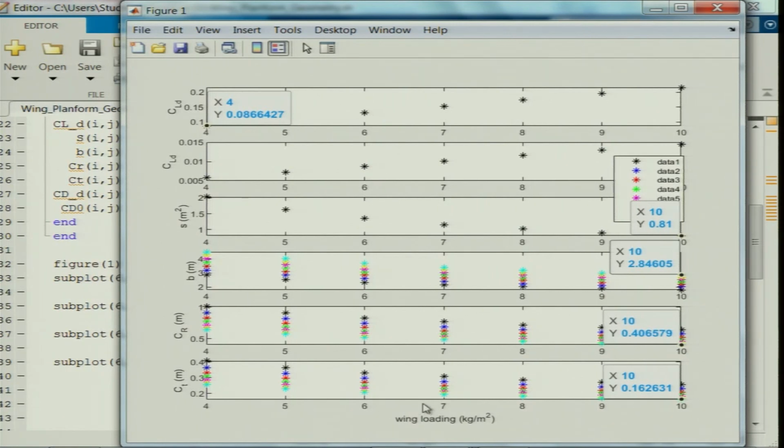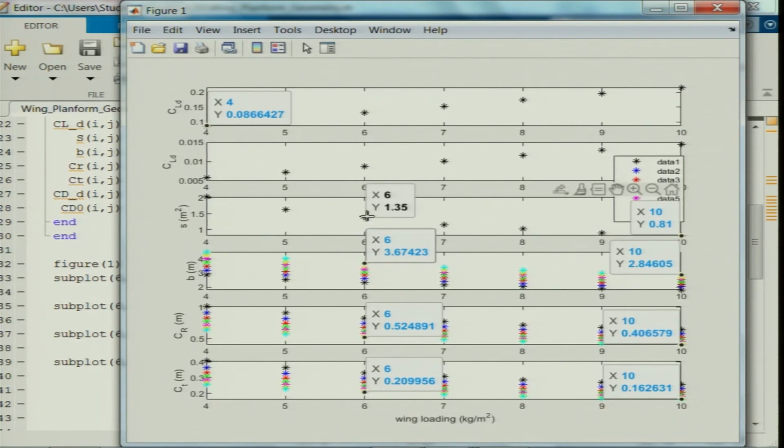So, when you are planning to have a hand launch UAV, W by S should be at least within 6, you should not go for higher W by S, because you need higher launch velocity then, right. So, say 6, the C_T is about 20 or 21 centimeters, and then the C_R is about half a meter of root chord, and the span is about 3.6, 3.7 meter span for this particular UAV, which is weighing about 8.1 kg, right.